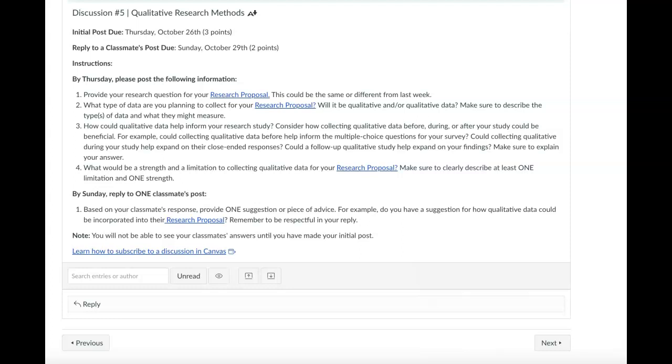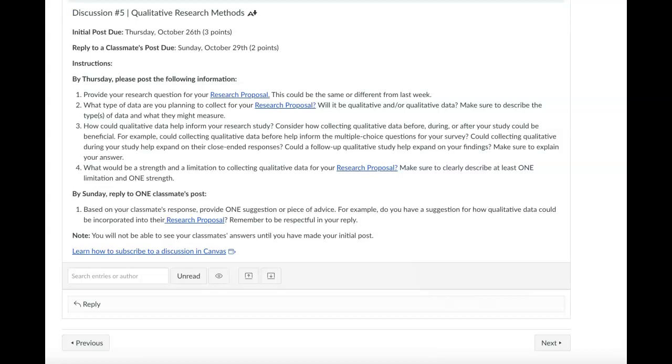Sometimes we don't really know all of the potential responses for a given question, so maybe doing some qualitative data collection before might be really helpful in figuring out what multiple choice questions you're going to ask your participants. Could collecting qualitative data during your study help expand on your closed-ended questions? Could a follow-up qualitative study help expand your findings? You want to make sure to explain your answer.